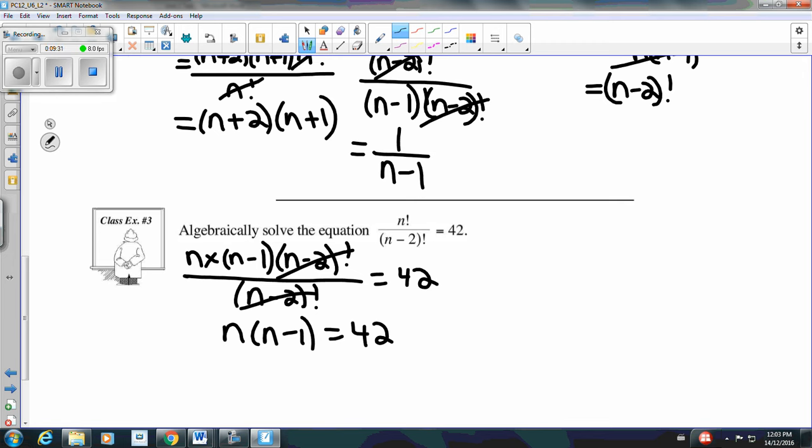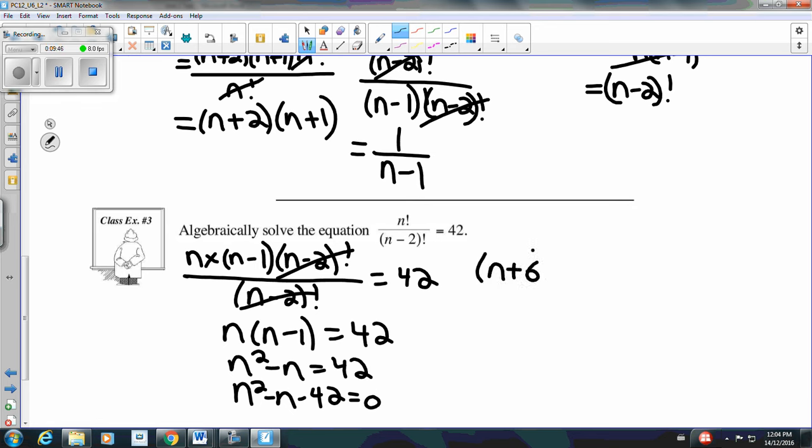This is really a quadratic equation, because this is really n squared minus n equals 42, or n squared minus n minus 42 equals 0, giving me the factors n plus 6 and n minus 7, which gives me the solutions n can be negative 6 or 7.